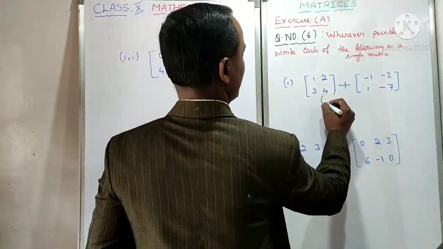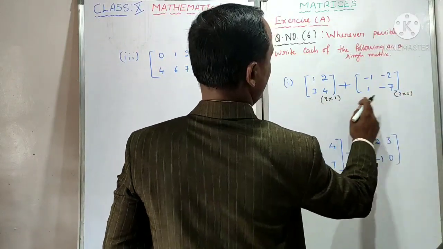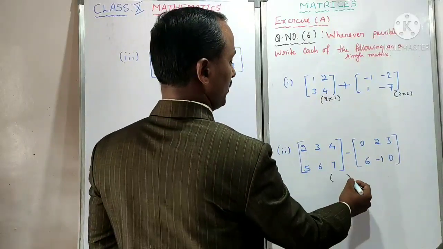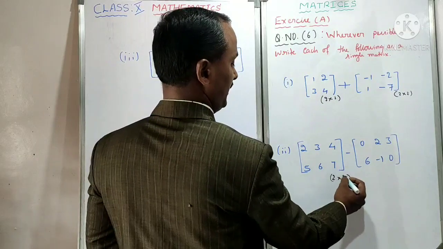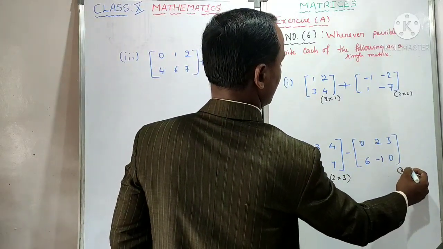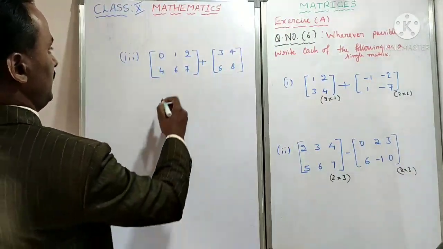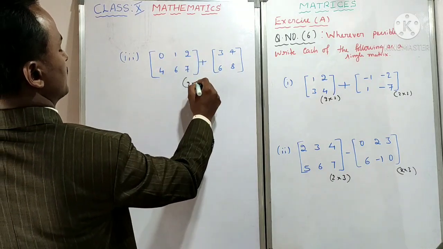Okay. See, this is 2 by 2. This is also 2 by 2. This is possible to do as a single matrix. This one, how many rows, how many columns? 2 rows. 1, 2, 3. 3 columns. This is also 2 rows, 3 columns. 2 by 3, 2 by 3, possible to do subtraction also. Here 2 rows, 3 columns.